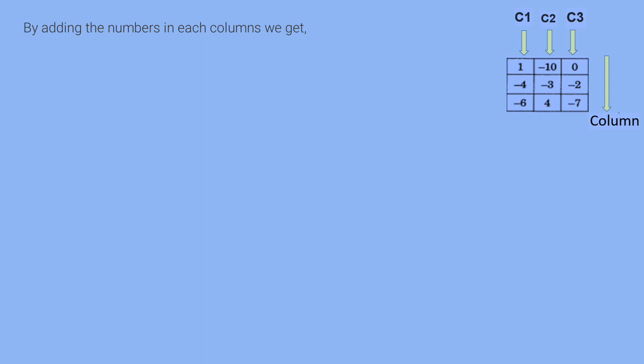Let's check for columns. So column 1, column 2 and column 3. I am going to add all the integers for column 1. 1 plus minus 4 plus minus 6 plus minus 6. I am going to remove all the brackets, plus into minus minus.